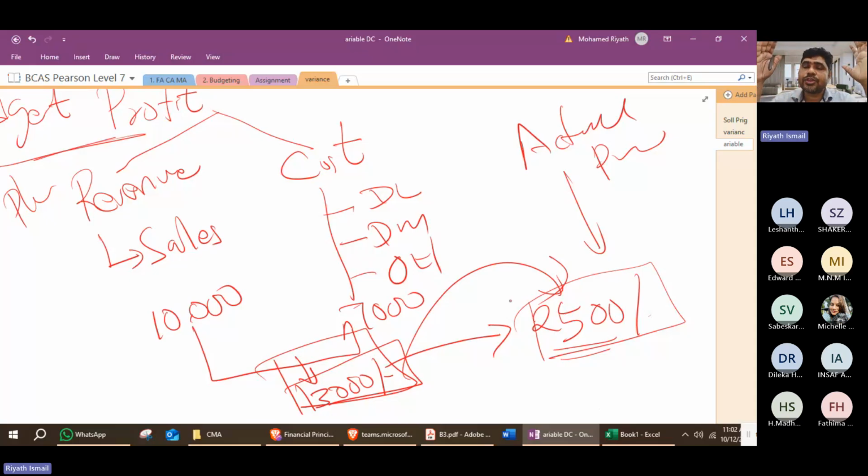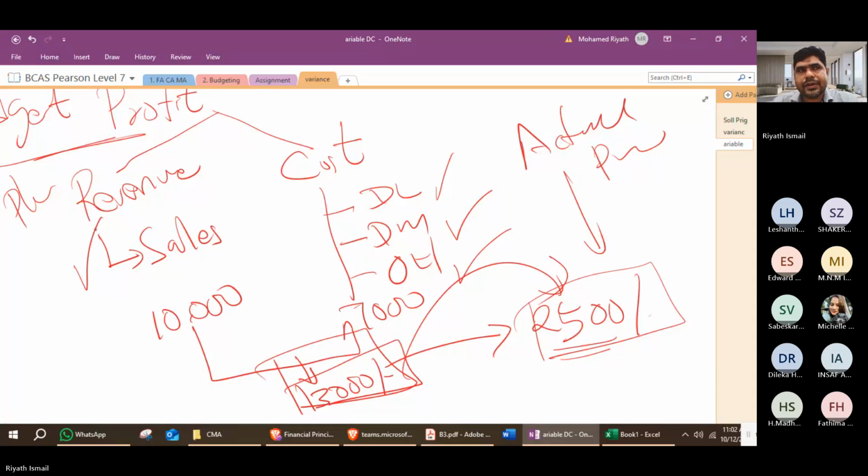The root cause may be the loss we made due to direct labor cost variance or direct material cost variance or overhead cost variance or on the revenue side, right? At a time, there are a lot of things that may happen.